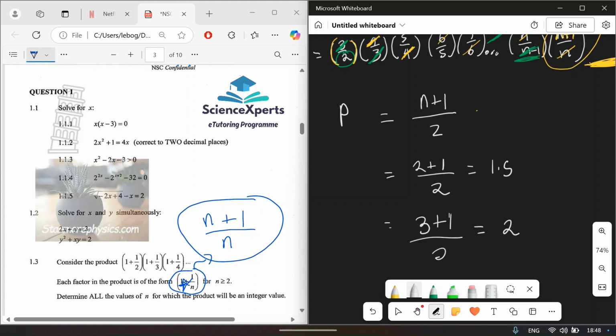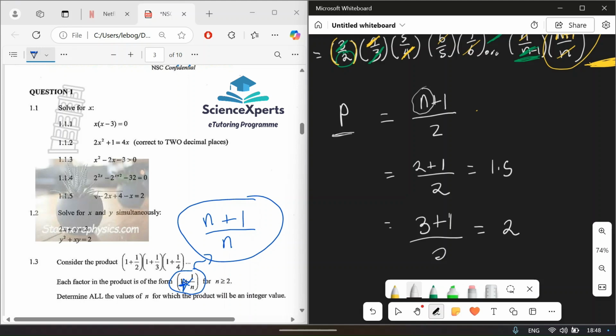So can you see that for all the odd numbers of n, if n is an odd number, then P will be an integer? Substitute n as 5, you will have 5 plus 1 over 2, that's 3. Substitute 7, you'll have 7 plus 1, that's 8, over 2, that's 4.